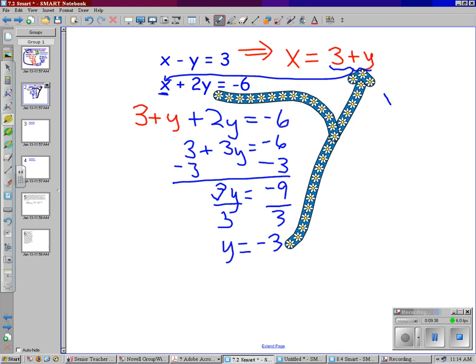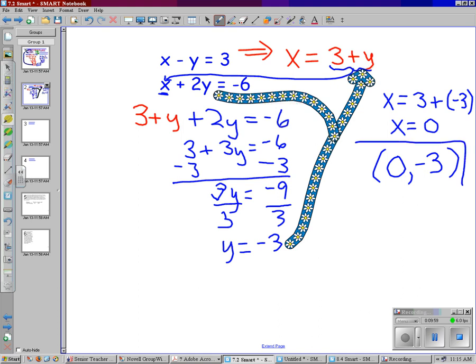So that we have x equals 3 plus, what is y equal to right now? Negative 3. So what's 3 plus a negative 3, class? 0. Can I get 0 for an answer for x? Yes, I can. So I'm going to write as my xy pair (0, -3). And that should be my solution, (0, -3).